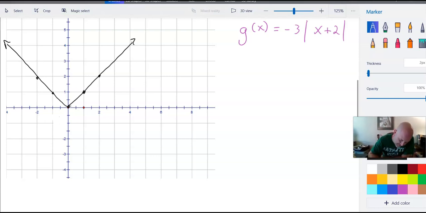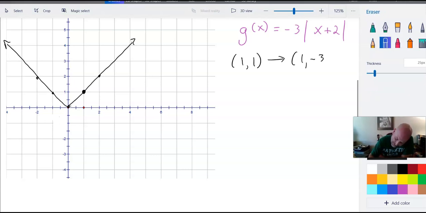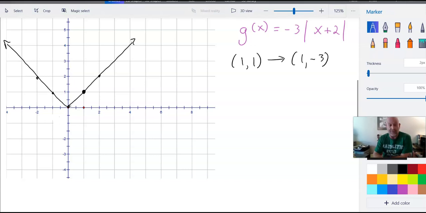So again, we're going to see what happens to this point (1, 1) to start with. First of all, (1, 1) is going to, again, map to (1, a). And in this case, a is -3, right? So that means from here, it's now here.